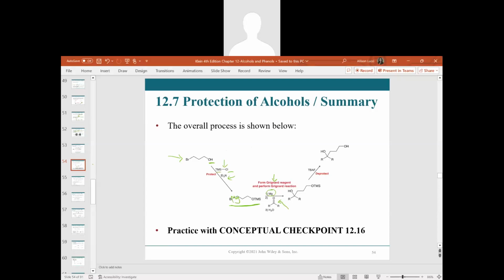We have our carbonyl, we have our water as our proton source, and then we produce this structure when that alcohol group is still protected. Now we can use the reagent TBAF in this last step to deprotect our other alcohol functional group. This is the overall summary of how to protect an alcohol group, then perform a reaction with a Grignard reagent, and form our final product after deprotection.